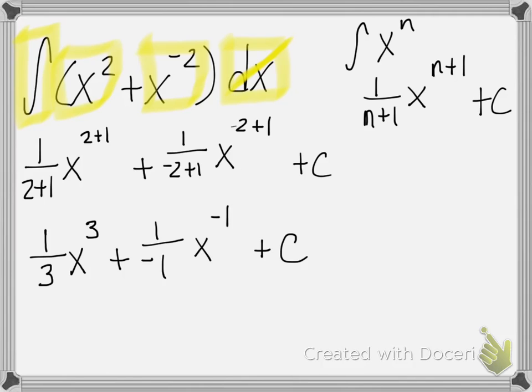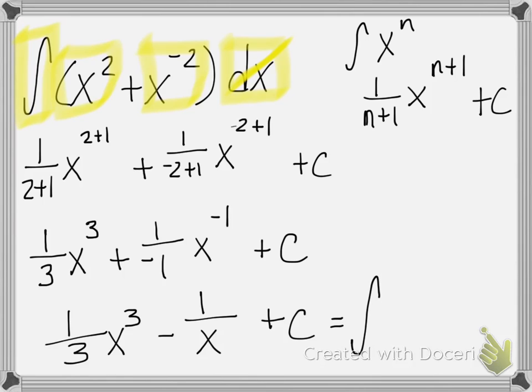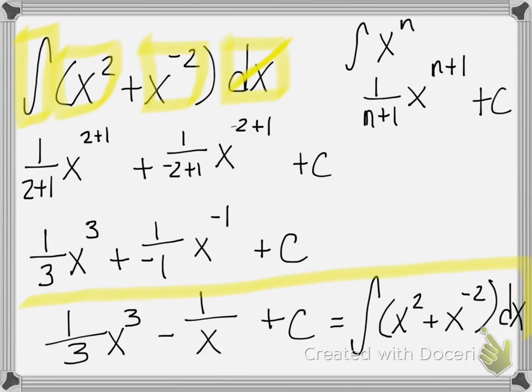And so we can clean that up a little bit more, just say 1 over 3 x to the third, and since we're going to have a negative 1 out front, we can just change that sign to a minus. And x to the negative 1 is just going to be 1 over x, and then plus our constant. And that should be equal to the integral of x squared plus x to the negative 2 dx. And so that should be it as far as that one.